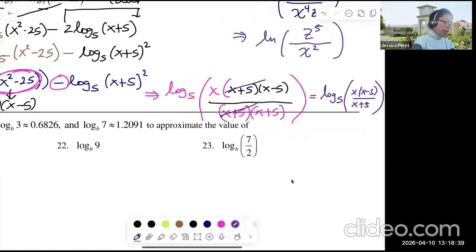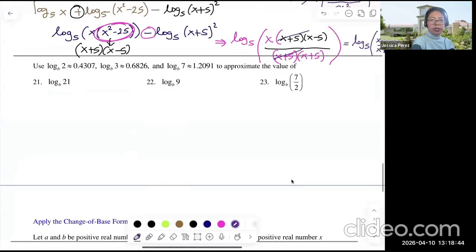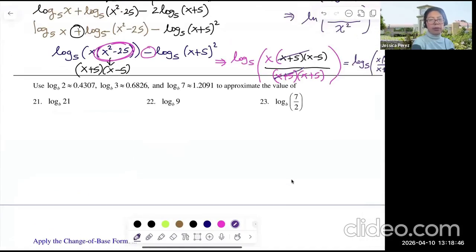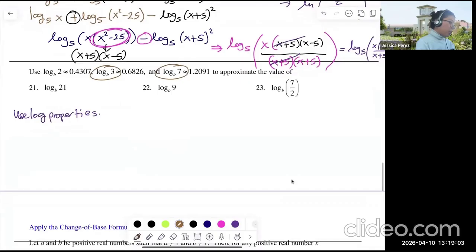Alrighty, for the next few that we have left, we are going to be approximating the value of log base b of 21 using log properties. Well, first, I know log base b of 3 and log base b of 7, and 21 is 3 times 7. So log base b of 3 times 7.